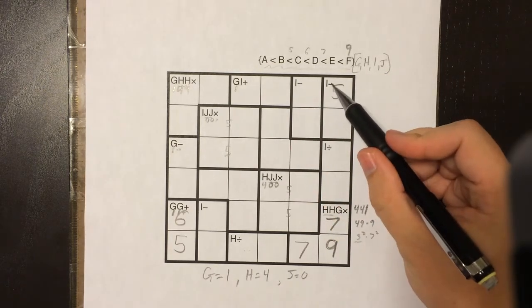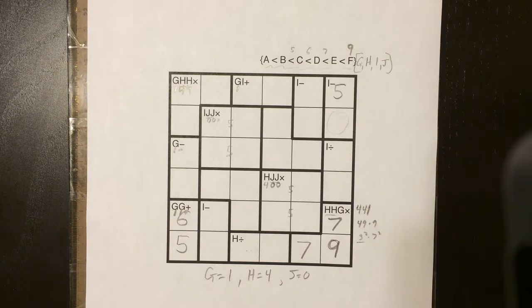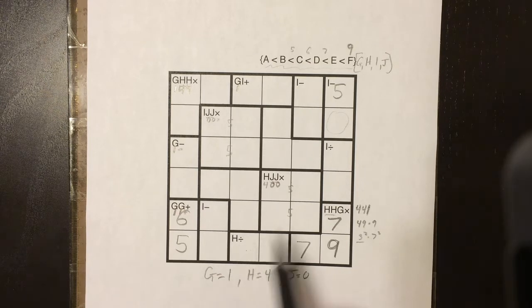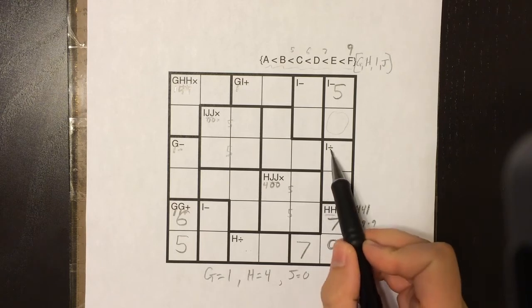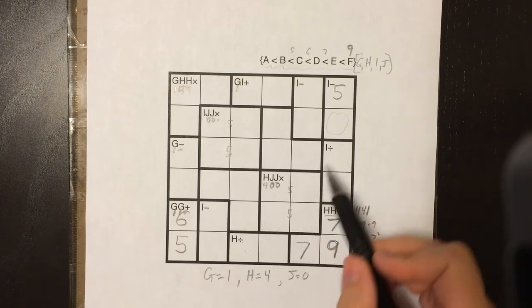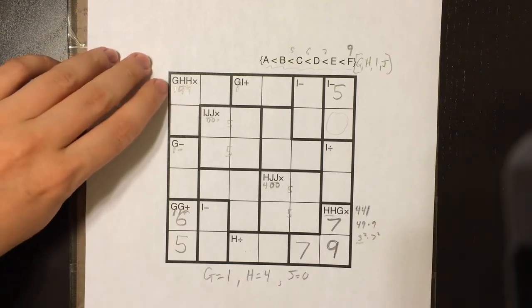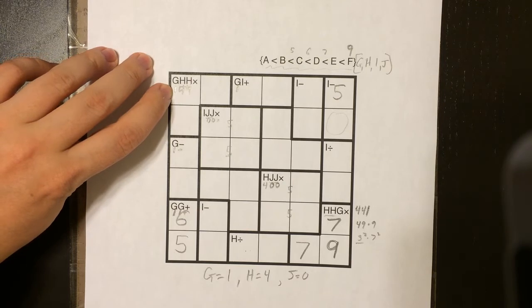We have an I minus clue up here, so we can't really say too much about this at the moment. But what we can do is think about the fact we have some critical divisions, and divisions themselves are pretty hard clues to use. They can't be very big numbers because we don't have the digit 1 to use within this puzzle.